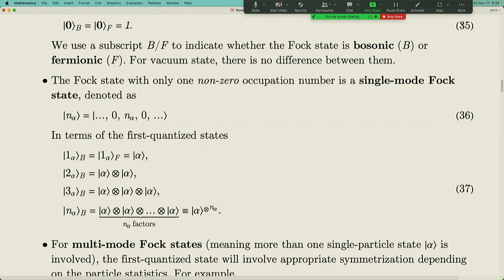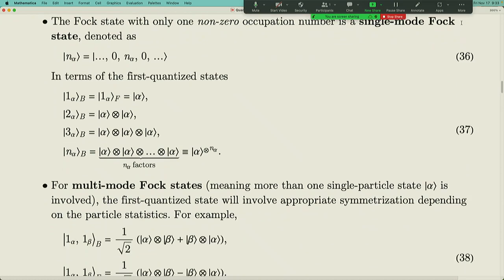Because if you have n objects multiplied together, we can use a power to denote n objects multiplied together. But now we have n vectors which need to be tensored together. Then we can use this notation, tensor to the nth power, to denote that there are n factors being tensored together, okay?